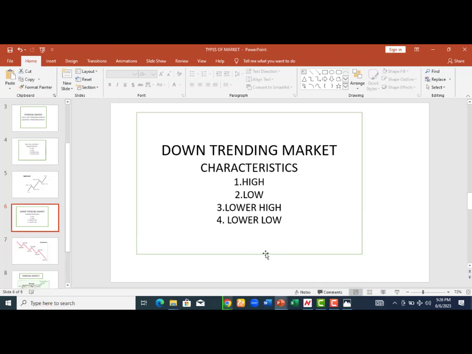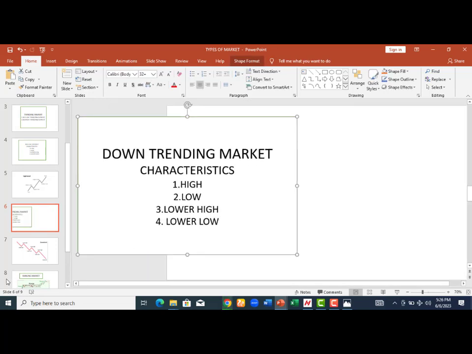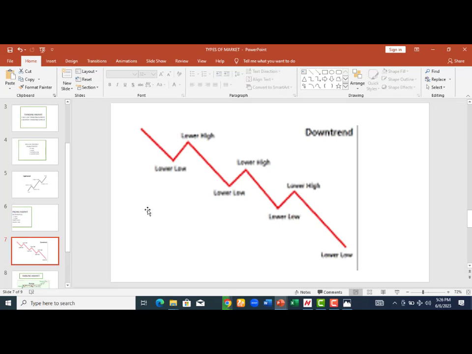So a good example of the downtrending market is something like this. Now this is the high, this is the low, lower high, lower low, lower high, lower low, lower high, lower low.